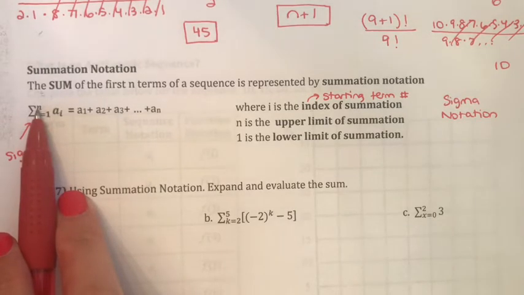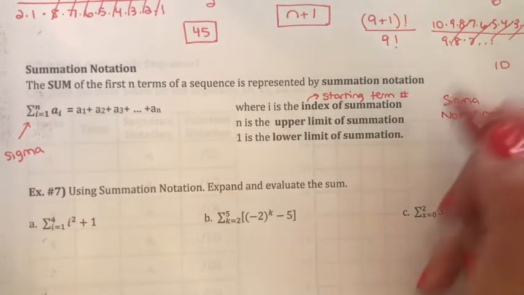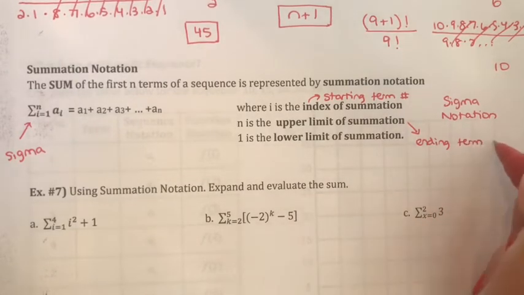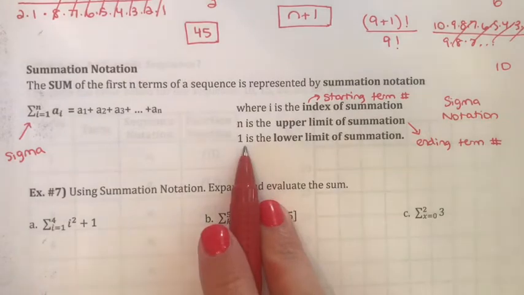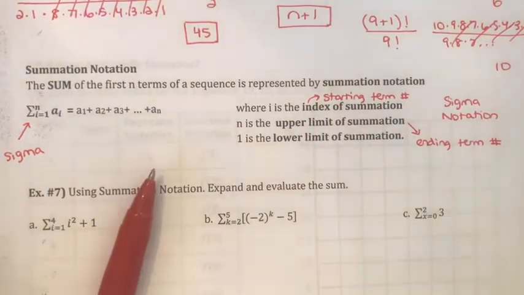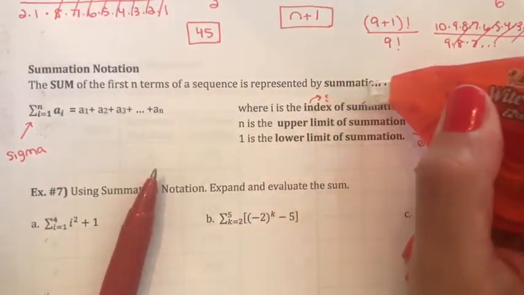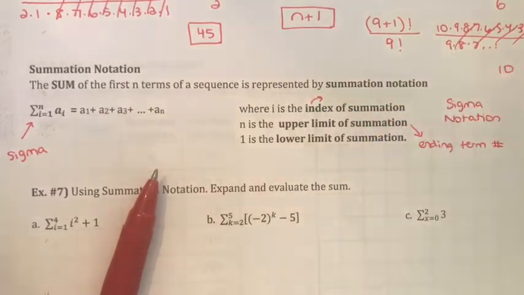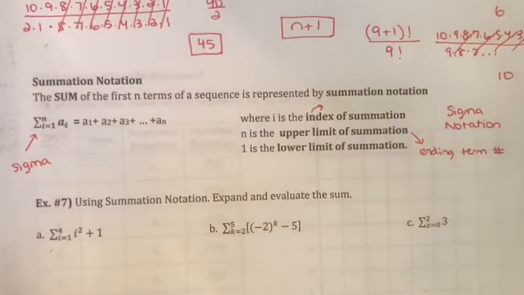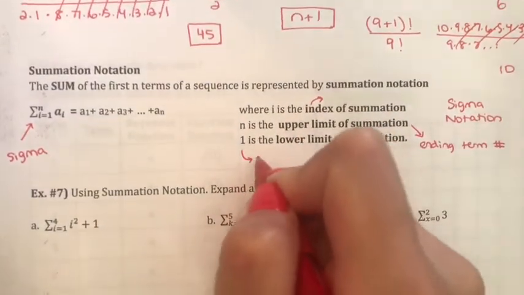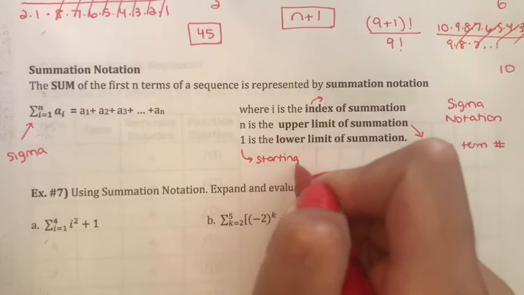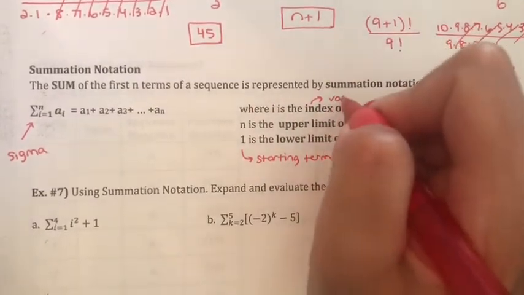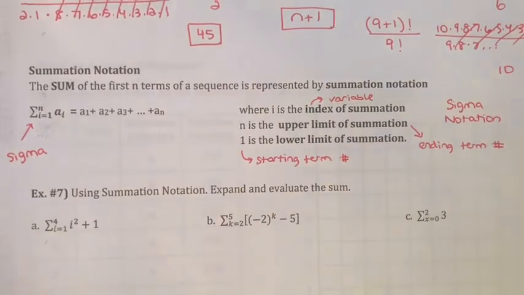N is the upper limit of summation, which is your ending term number. The I is just your variable, which is your index of summation.